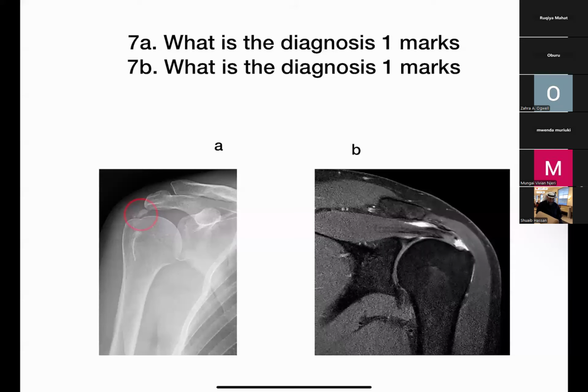So look, the consultant is not going to give you something ridiculous, okay? So it can only be a rotator cuff tear. If you're given an MRI of the knee, it has to be a very obvious meniscal tear or an ACL tear. All right? So even if it's an MRI, don't get scared. Usually it is whatever. And you can clearly see here that there is a rotator cuff tear.